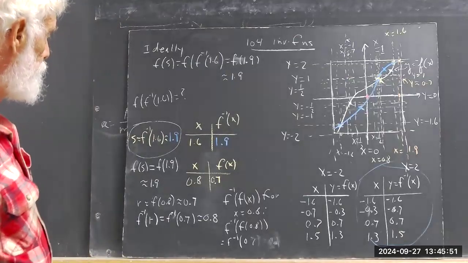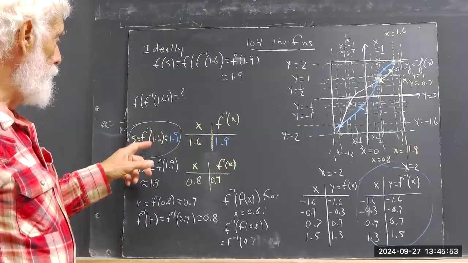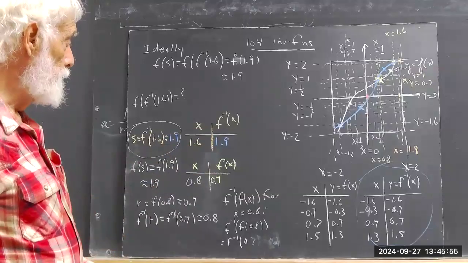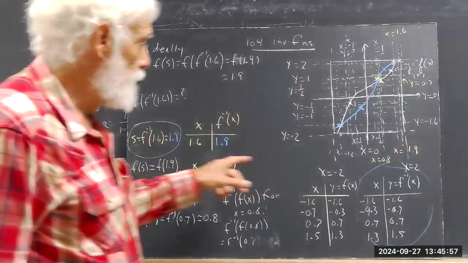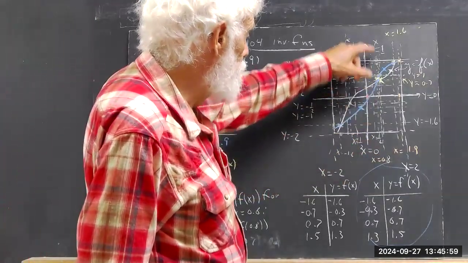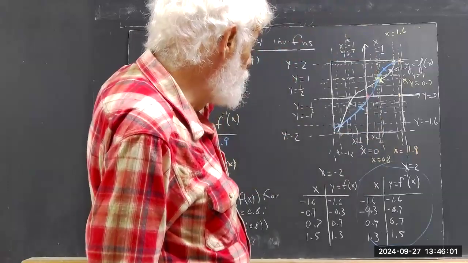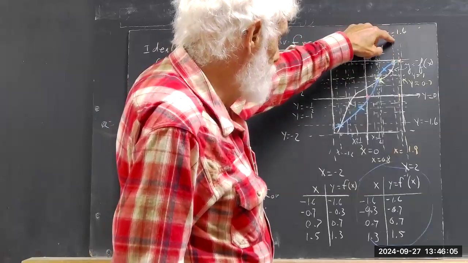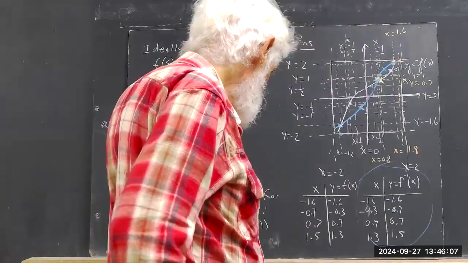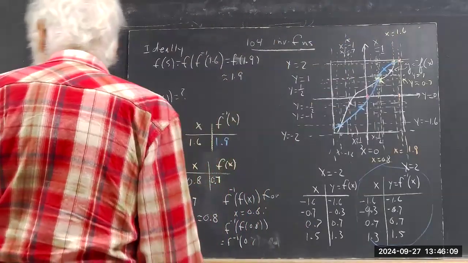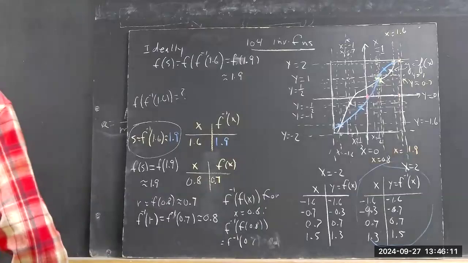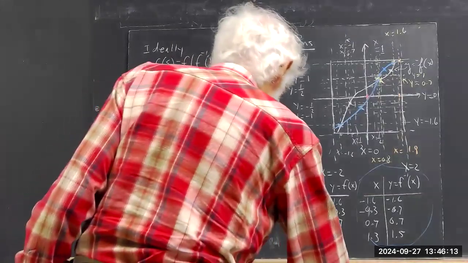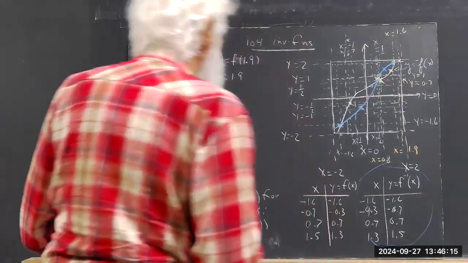Okay, so we're asked to estimate f inverse of 1.6. What do we do? We sketch the line x equals 1.6, which is right here and should be labeled somewhere. Here it is. This is the line x equals 1.6. I could make that a little bit clearer. I could find some yellow chalk. See if this is right.